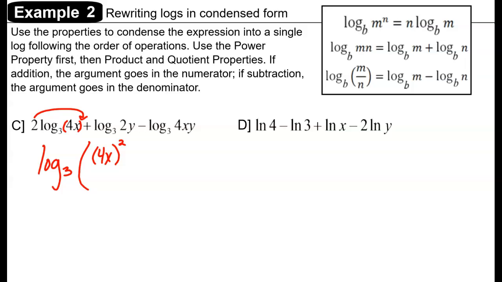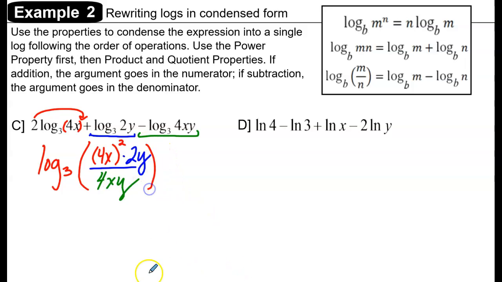Okay, then our next term is a positive log base 3 of 2y, so that 2y will go in the numerator using the product property. Then our third term is a minus log base 3 of the quantity 4xy. Since that's a minus, we're using the quotient property, and that argument of 4xy is then in the denominator of the argument.